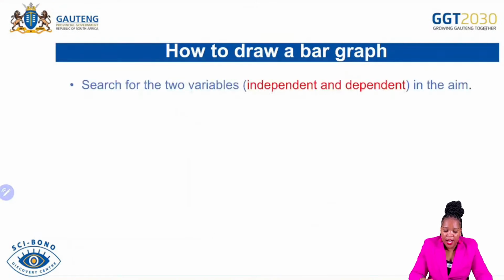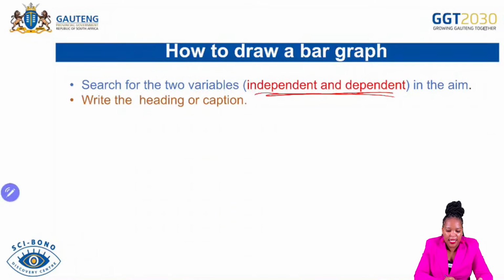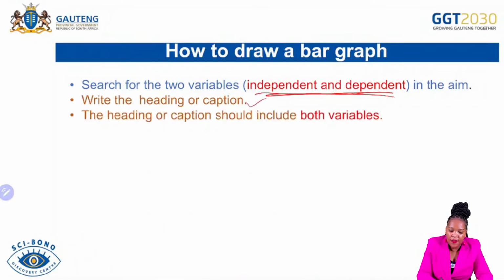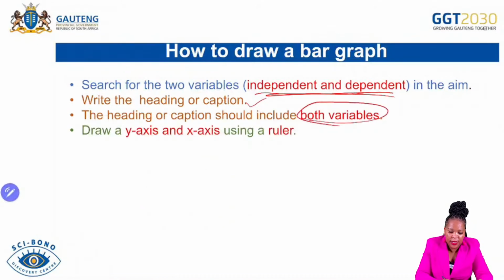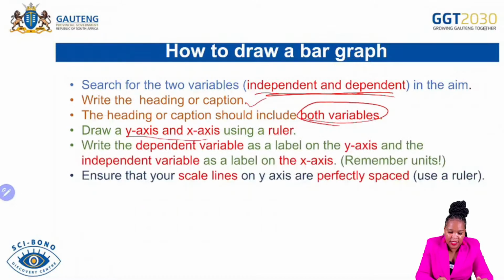When you are drawing a bar graph, you are still going to check your variables. You are going to write a caption, and the caption should include both variables. Same story. Draw the y-axis and the x-axis, your Cartesian plane.